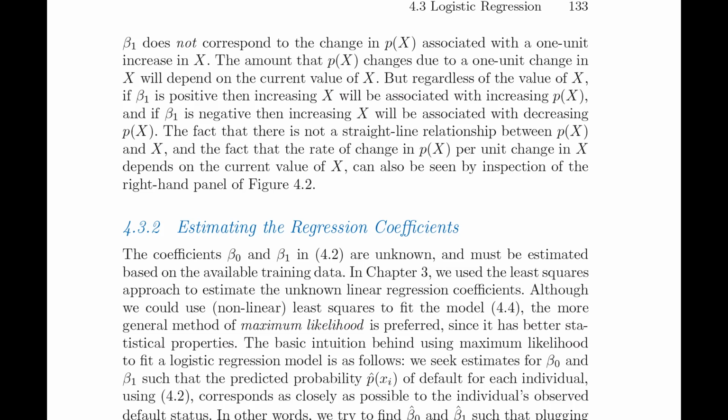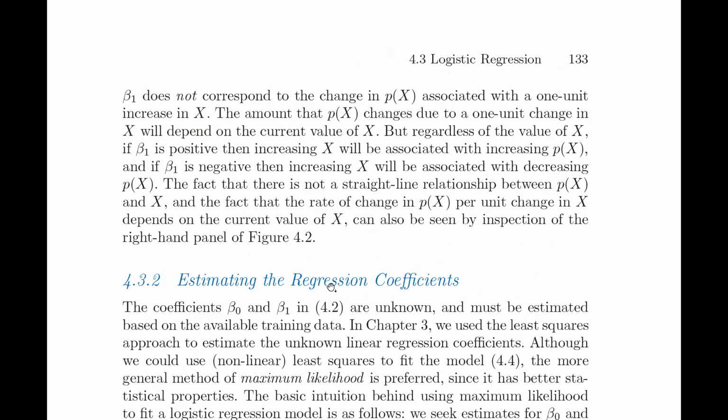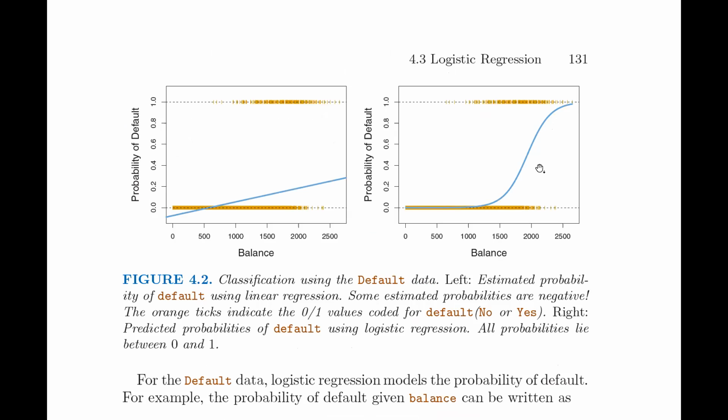The fact that there is not a straight line relationship between probability of x and x, and that the rate of change in p of x per unit change in x depends on the current value of x, can be seen by inspection of the right-hand panel of 4.2. So clearly it's not a linear relationship.